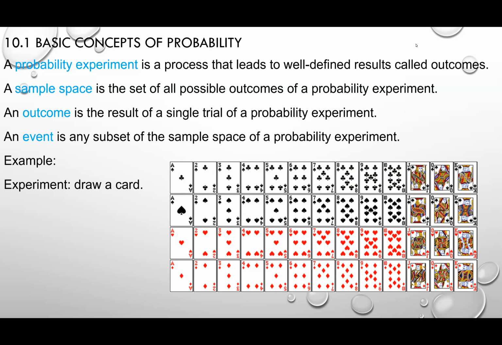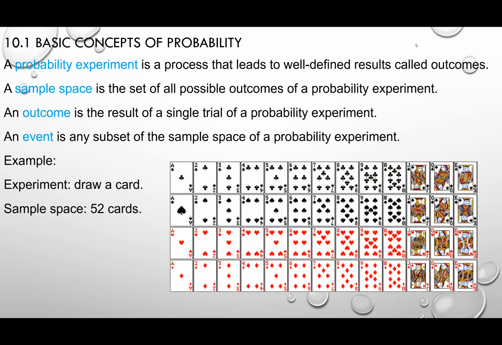So the experiment is we pick out one card. The sample space is the total possible cards that you have, which is 52. You have the ace, which is 1, 2, 3, all the way to the jack, queen, king, right?